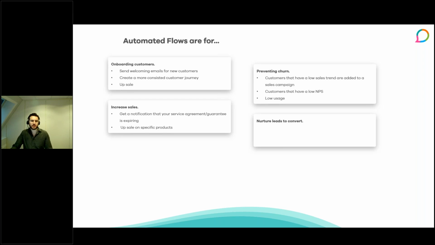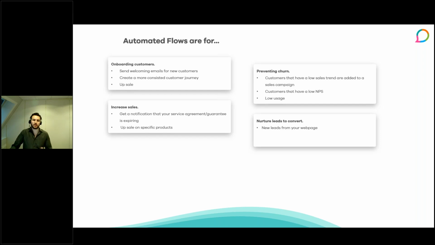Quite a common use of automated flows is nurture lead, or lead nurturing, if I'm correct myself. So for example, it could be a new lead from your web page that maybe is not really ready to buy yet, and we don't want to spend a lot of our sales force squad's energy trying to convert them.